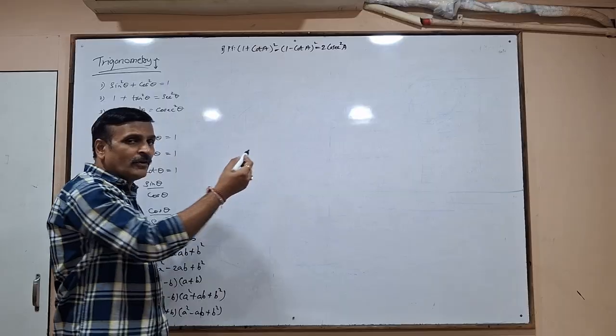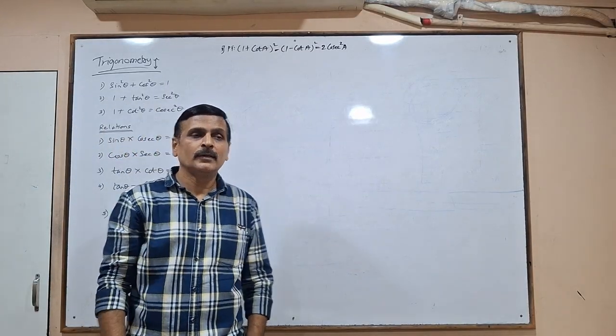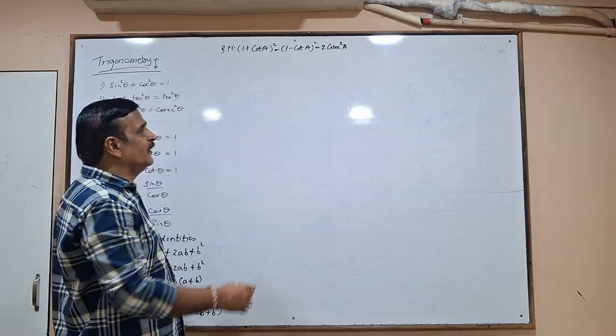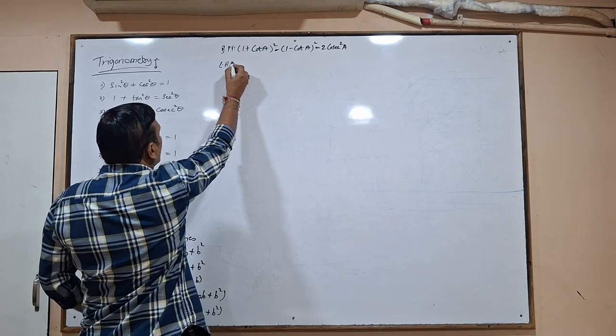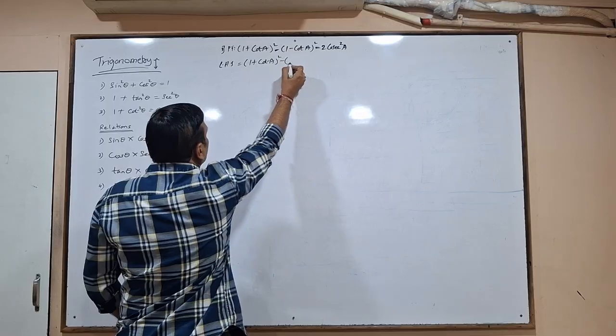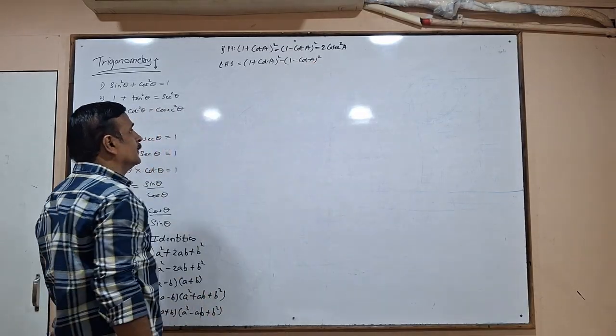Taking LHS and solving or RHS and solving is your choice, but because RHS is a single term, in this case we prefer to take LHS and solve. 1 plus cot a the whole square minus 1 minus cot a the whole square.